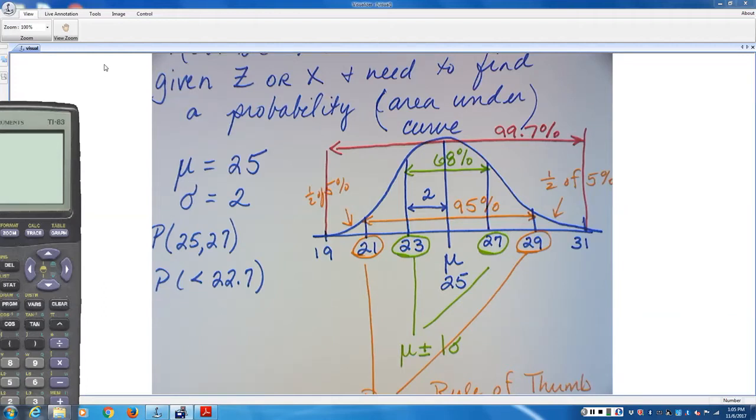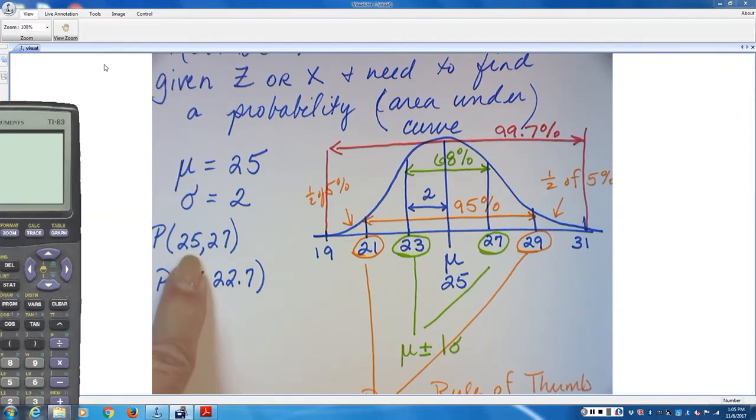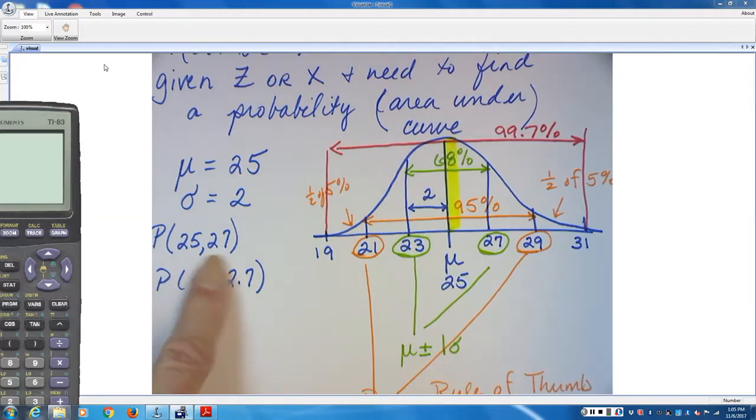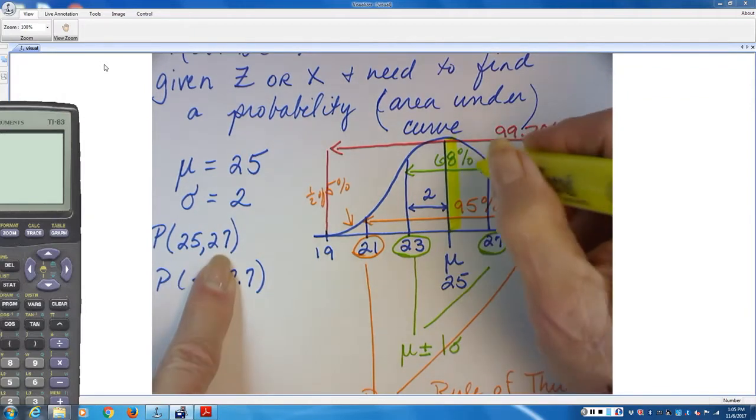Now to take what we learned on the calculator, the first one asks us to find the probability that a delivery time is between 25 minutes, which is right here, and 27 minutes, which is right here.